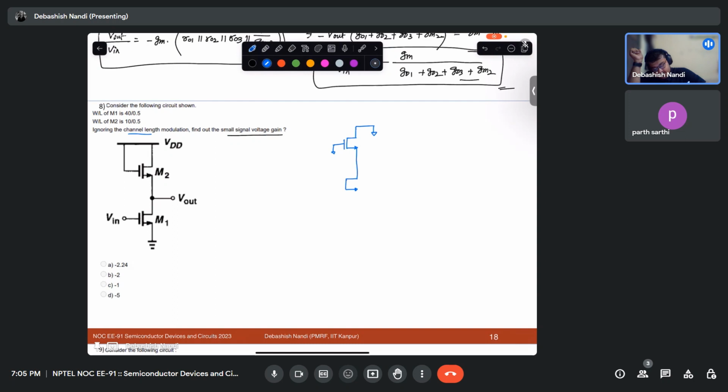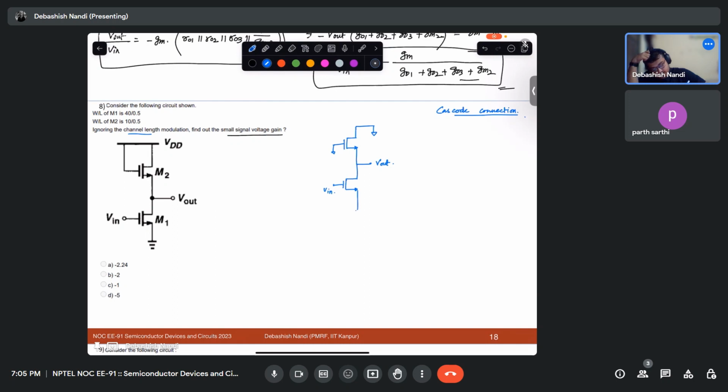This kind of connection is known as a cascode connection, not cascade, it is cascode. This is your V in, and this should be your V out.